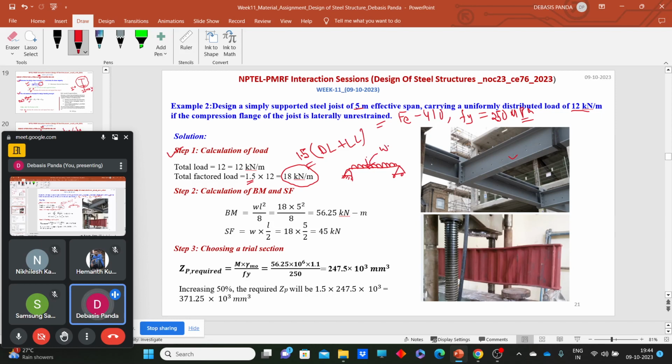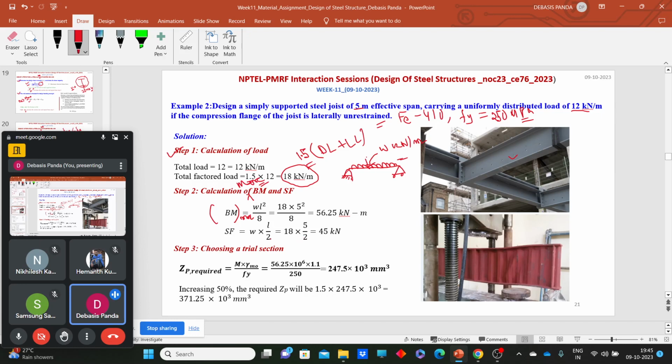Here I am considering W kilonewton per meter, the load per meter. If W contains the total load, W into L, then you need to write the equation as W into L by 8. So here is the factored maximum bending moment, in step 2, calculation of maximum bending moment and shear force.